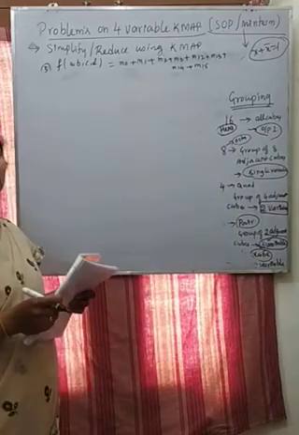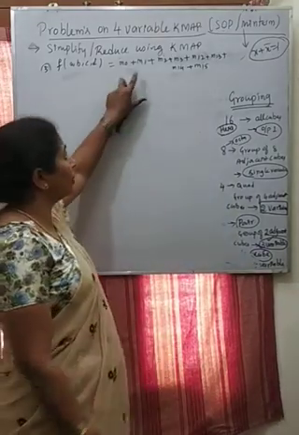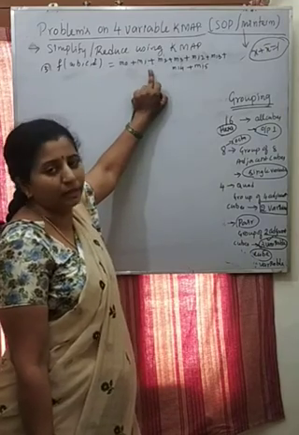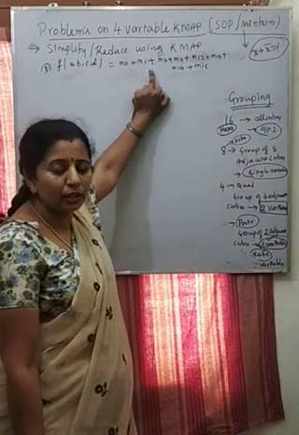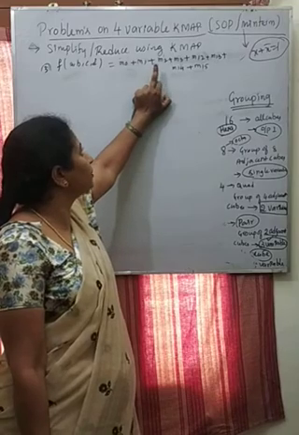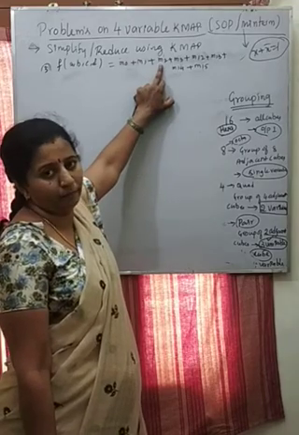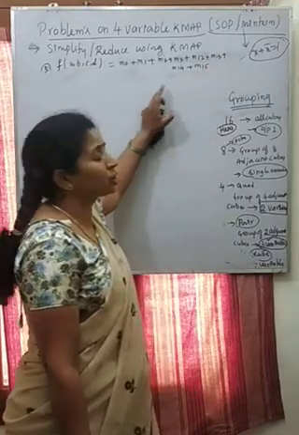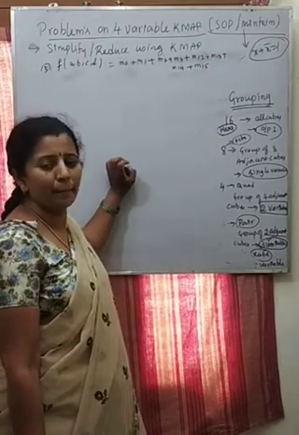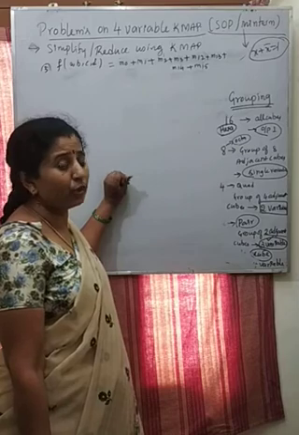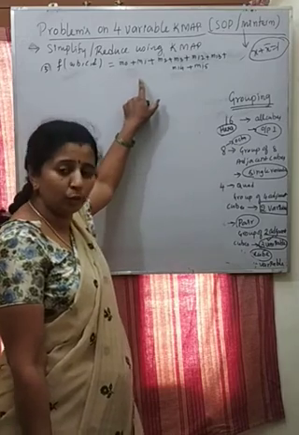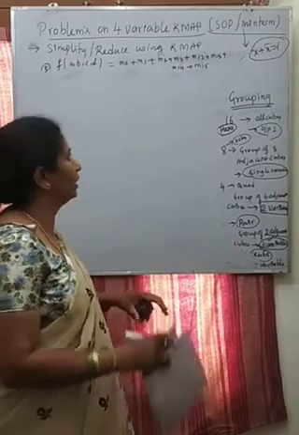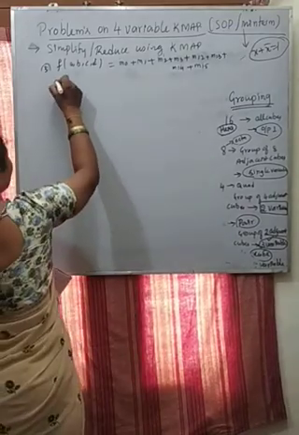Please remember, whichever terms are given in the expression, please don't leave any terms and please don't include any other terms which are not given. Only those terms you need to include in the map. You are not supposed to add any new term and you are not supposed to leave any of the terms given here. Draw the KMAP.